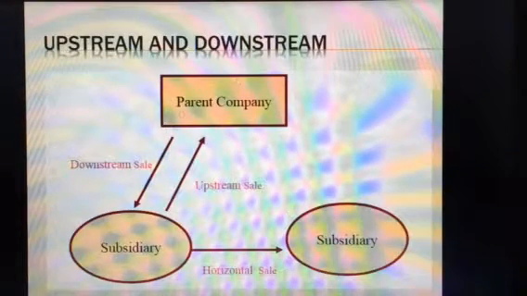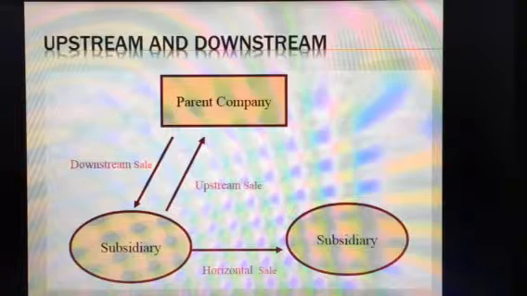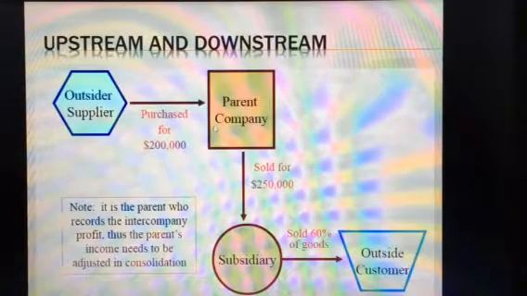When we see this chart, it explains the upstream and downstream sales. This is the parent company and this is the subsidiary company. When the sales go from parent company to subsidiary, this is called downstream sales, and the opposite is upstream sales. If the sales are between two subsidiaries, that is called horizontal sales.